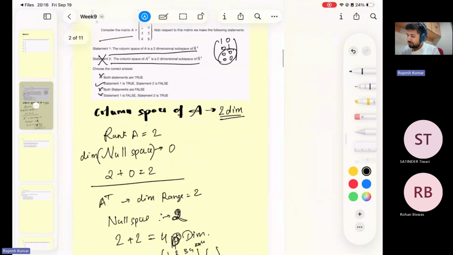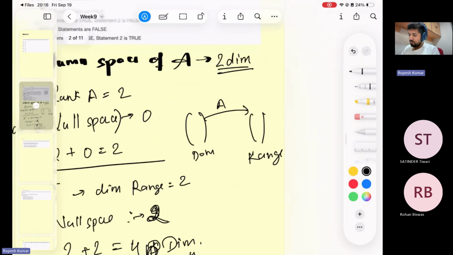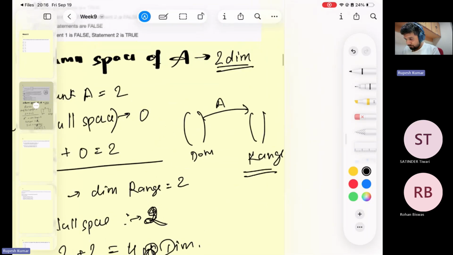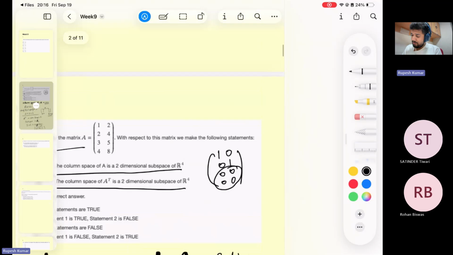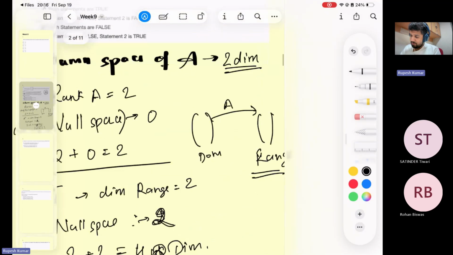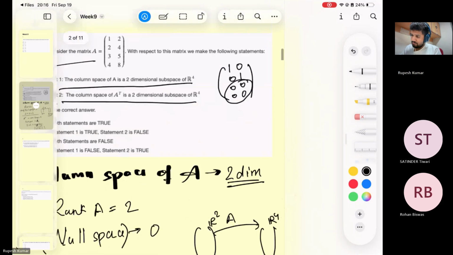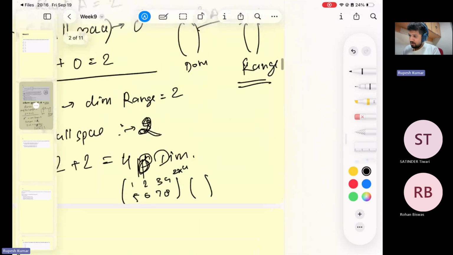The important thing to note is to remember the definitions: what is the domain, what is the range space, and what is this matrix mapping. The range will be your column space or row space. For matrix A, the domain was R2 and the range was R4, a 4 cross 2 matrix.